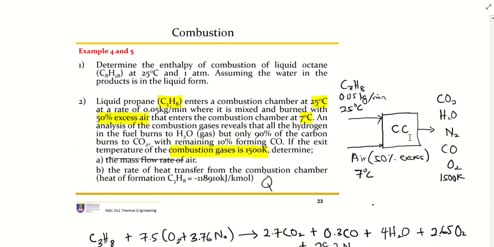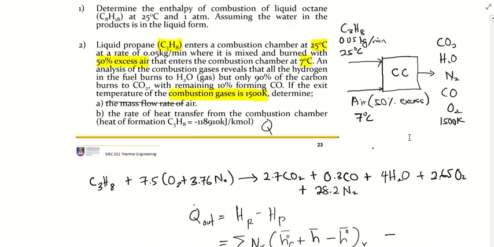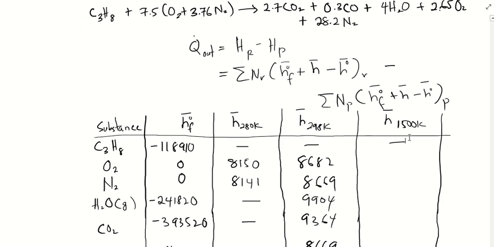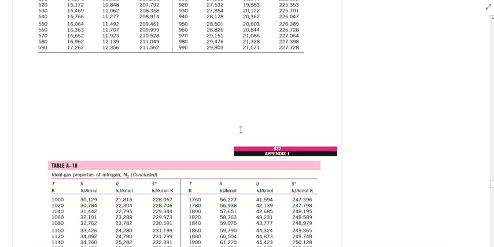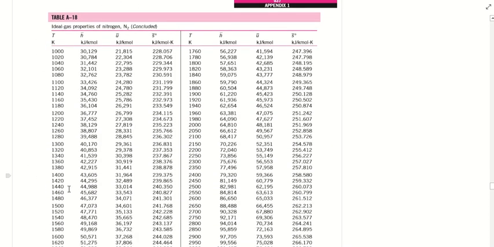And then we have to find O2, N2, H2O, CO2, and CO at 1500 Kelvin. For example, let's go for N2. At 1500 Kelvin it is 47,073.